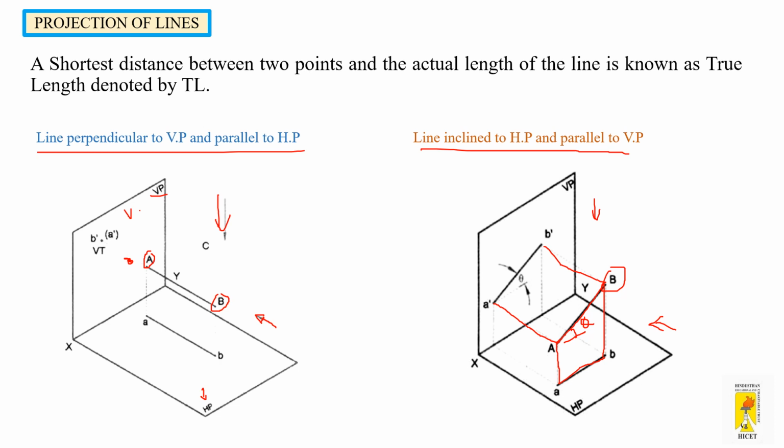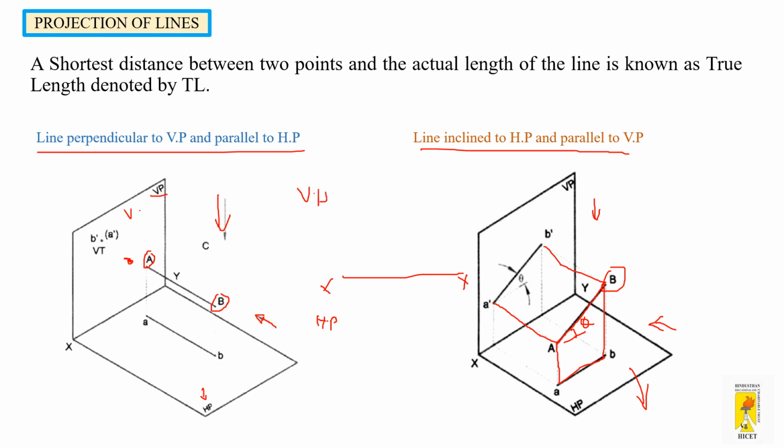And if you try to draw this 3D view in 2D, you will just unfold the HP, that is the horizontal plane, in clockwise direction, and the HP goes down like this. This plane goes down and the VP stays at the top.